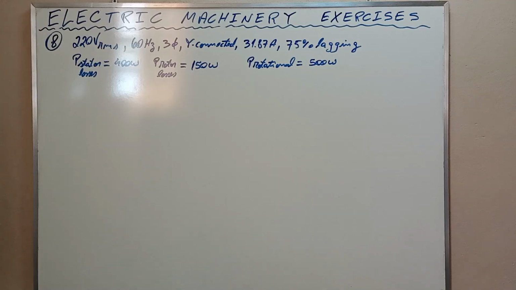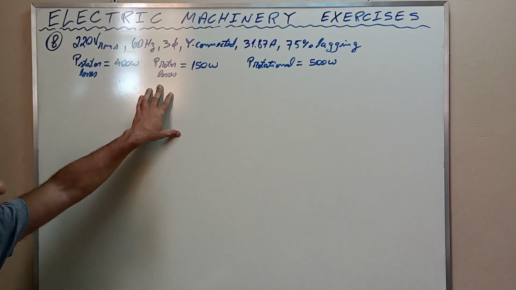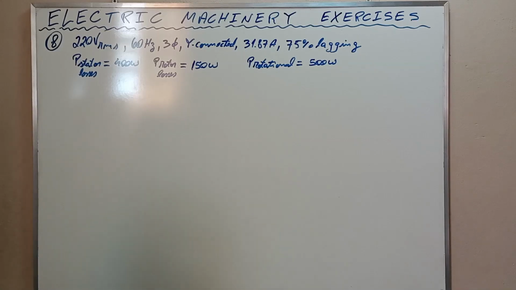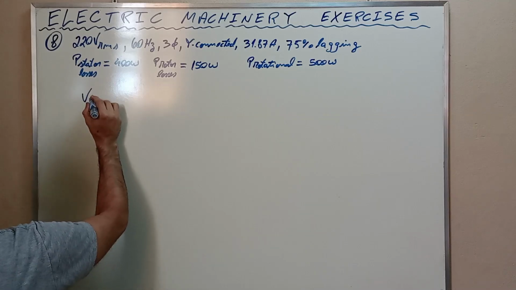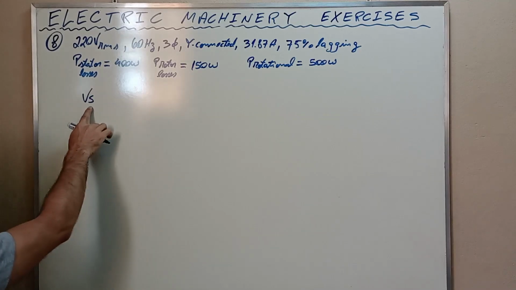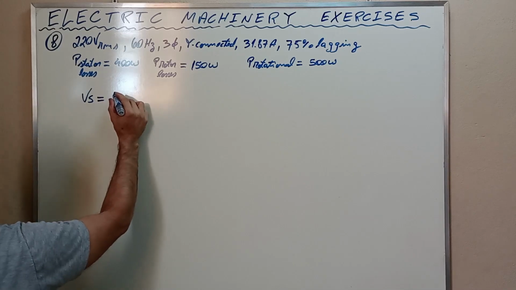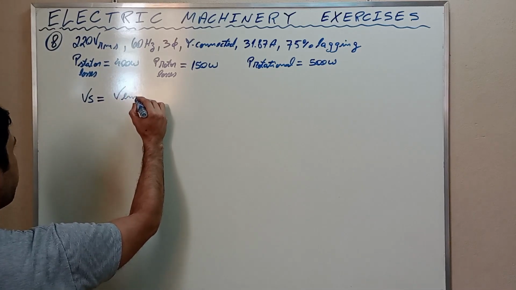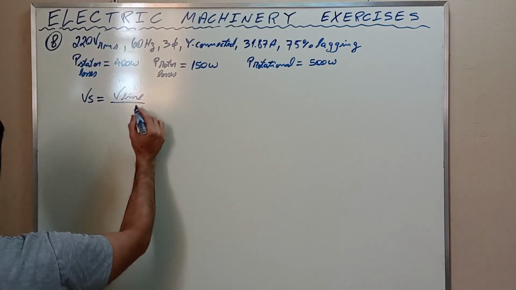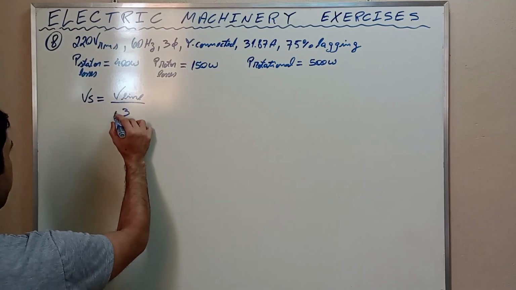Let's go to the solution. We are going to calculate what the exercise wants based on this information that the exercise provided. Alright, for a Y-connected induction motor, the phase voltage, Vs, is equal to the line voltage divided by the square root of 3.